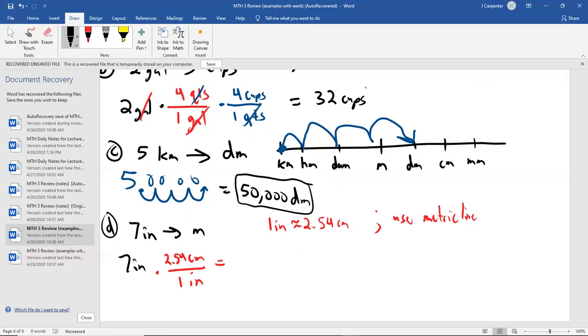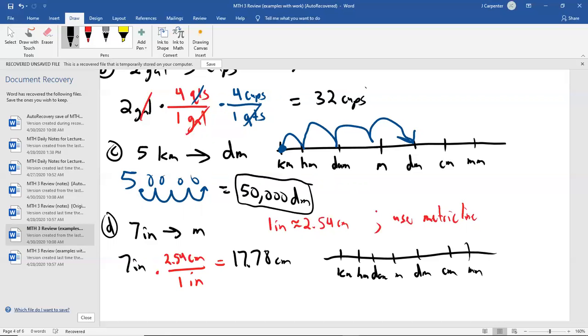All right, definitely going to use a calculator for this in the interest of time, but you're allowed. 7 times 2.54, you get 17.78 centimeters.